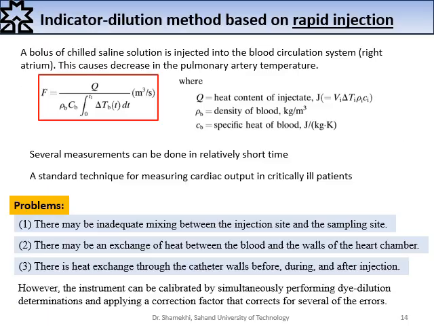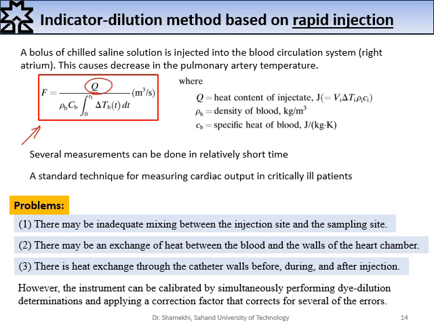In thermodilution, we have a simplified equation to calculate the average flow. As you can see, a bolus of chilled saline solution is injected into the blood circulation system, the right atrium, and this causes a decrease in the pulmonary artery temperature, and we can use this equation to measure the average flow.